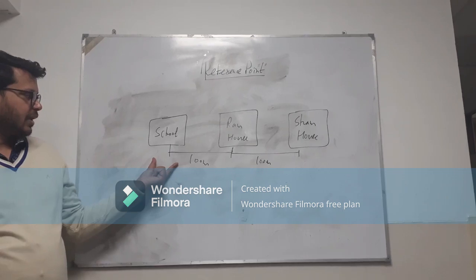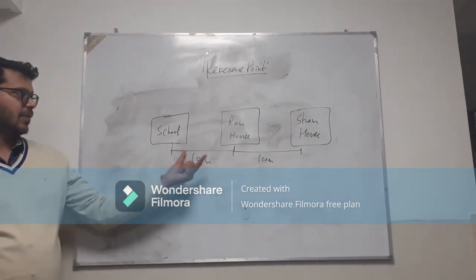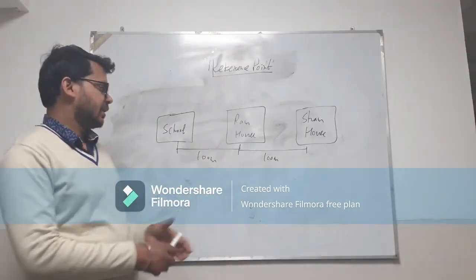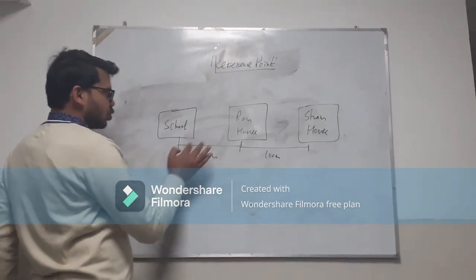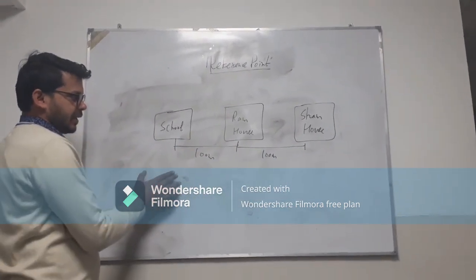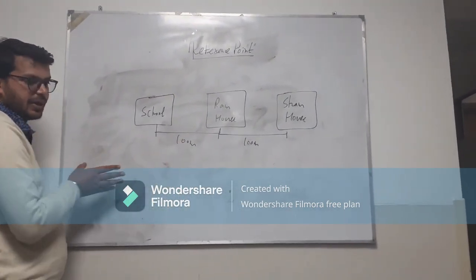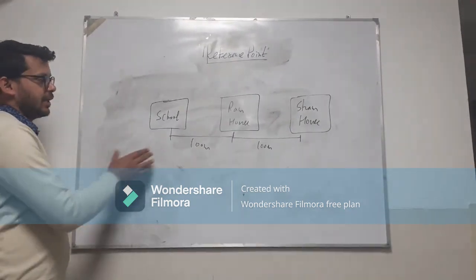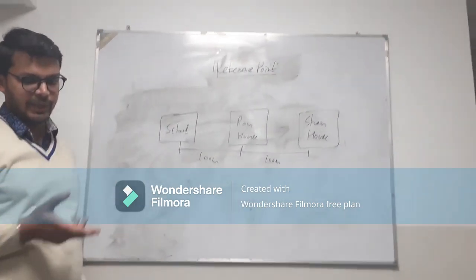Meaning, according to the reference point, the distance of Ram's house and Sham's house varies. If we consider Ram's house as the reference point, then Sham's house from Ram's house is 100 meters and school from Ram's house is 100 meters. Meaning, if we change the reference point, the position, and the distance between objects also vary.